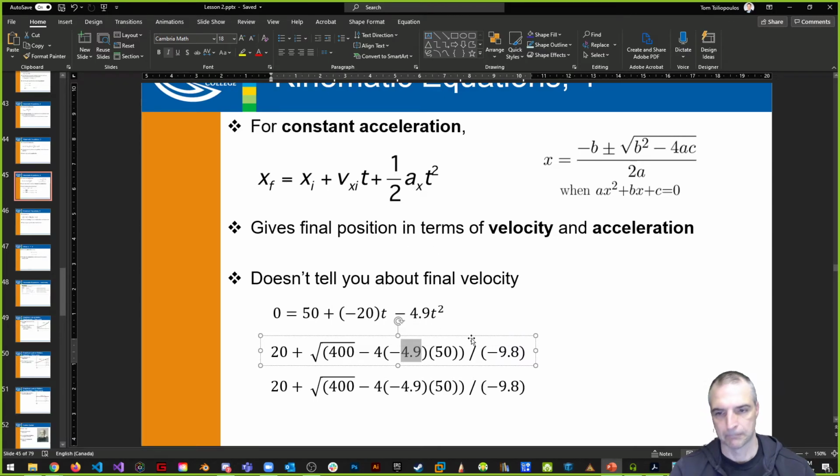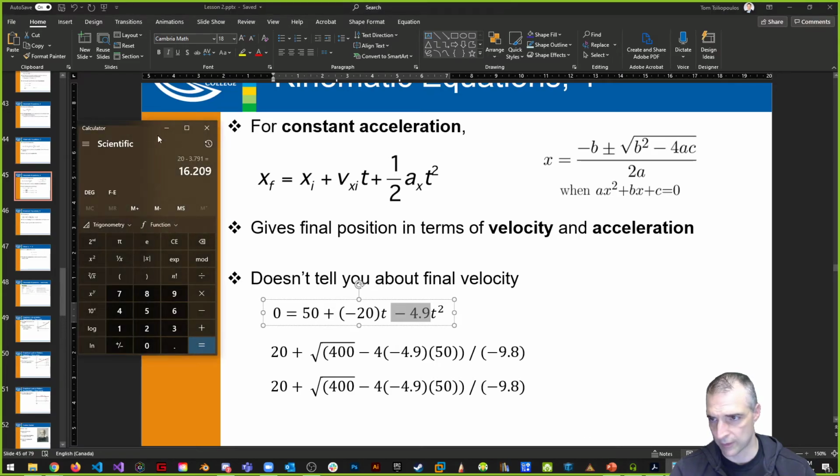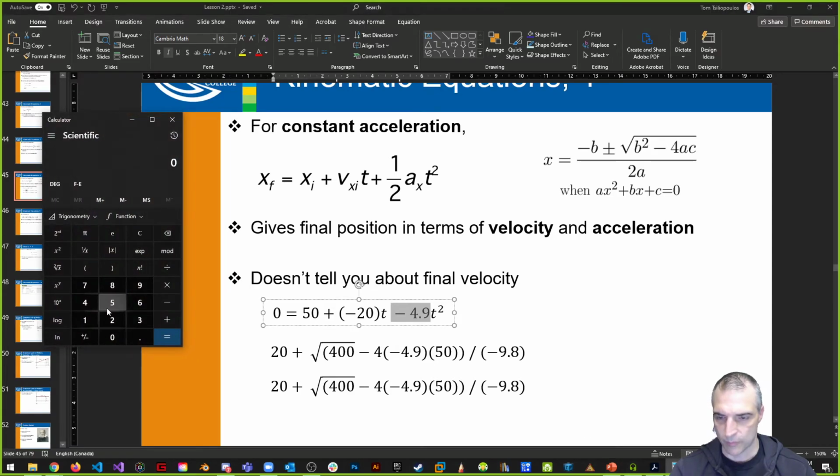But no, a is this, not negative 9.8, because we've divided by 2. So what a is, this is right. So negative 4.9 times 4, 4ac over 2a, ac minus 50. What did we do wrong? There's something that we did wrong here. Just give me a sec. Maybe you guys can see it, and I can't, but it's okay.